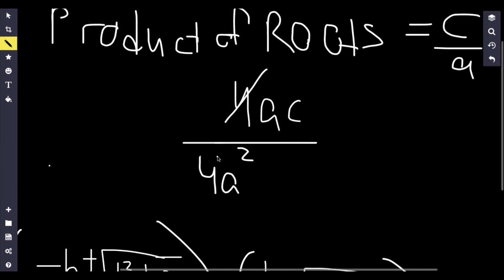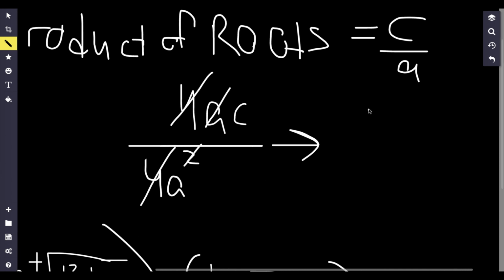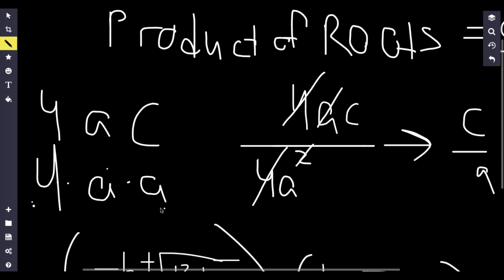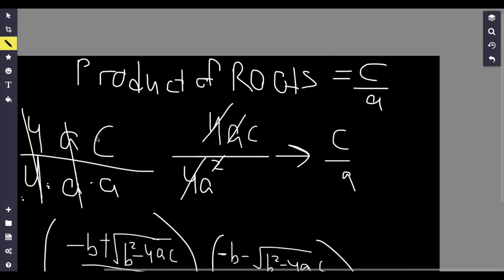This 4 cancels out with this 4, and this a cancels out with one of the a's in a squared. So we're just left with c over a, right? Because 4a squared is the same thing as 4 times a times a. So this 4 cancels out, this a cancels out, and you're just left with c over a, which is our formula.